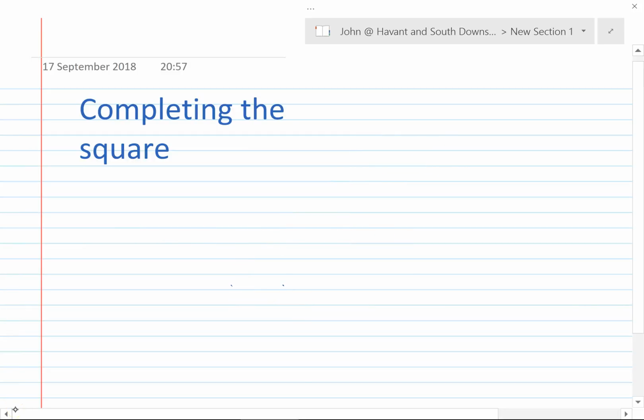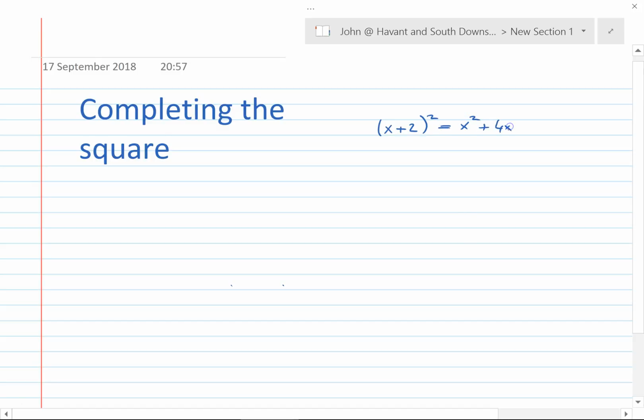Well, before I talk about how you do it, there are two important rules that I like to use. Being able to square out brackets is a very important thing to be able to do. So we should be able to easily write this without any fuss at all.